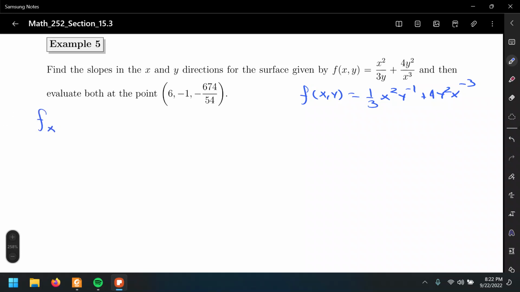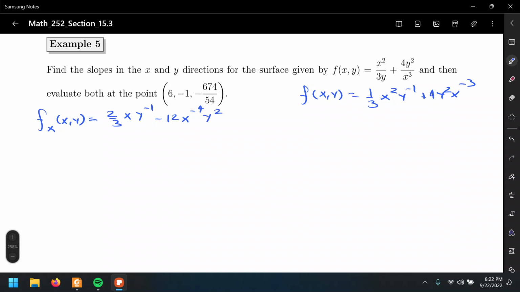So f subscript x, I'm going to go back to the f notation. The derivative of this function with respect to x, we're holding y constant. That's 2/3 x to the first power y to the negative 1. And the derivative of the second term with respect to x is going to be negative 3 times 4, that's a negative 12, x to the negative 4, because we subtract 1 from the exponent, negative 3 minus 1 is negative 4, times y squared.